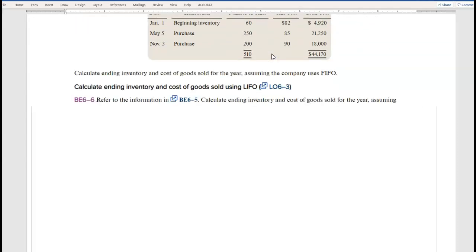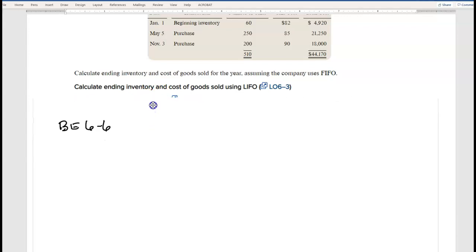So let's look at BE 6-6. Same information, except now we're assuming the company uses LIFO. Okay. Last in, first out. How many units do we have left?